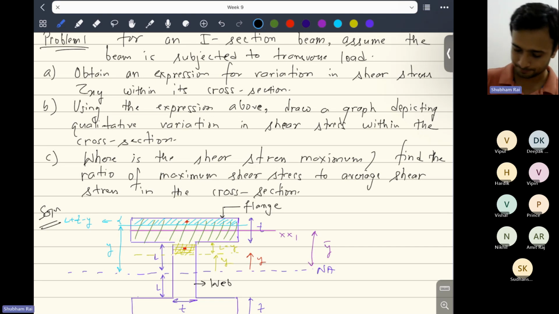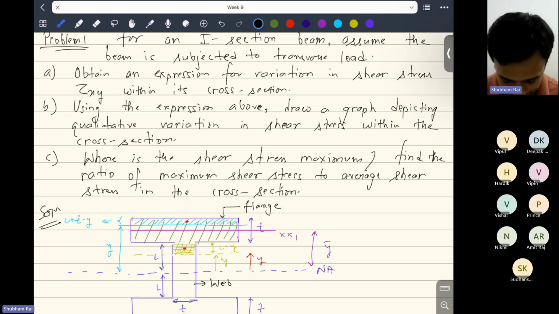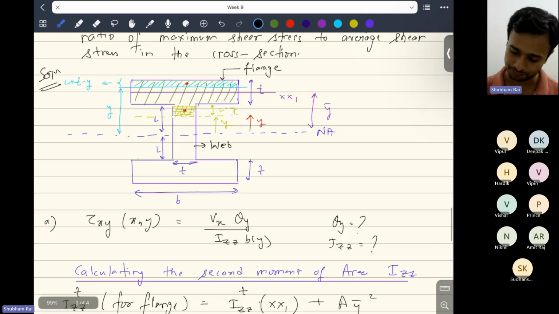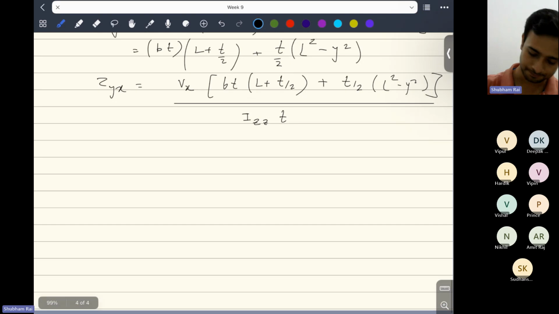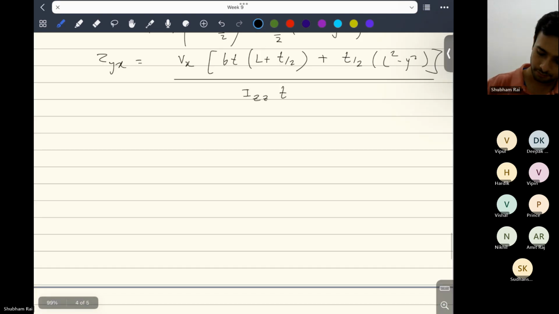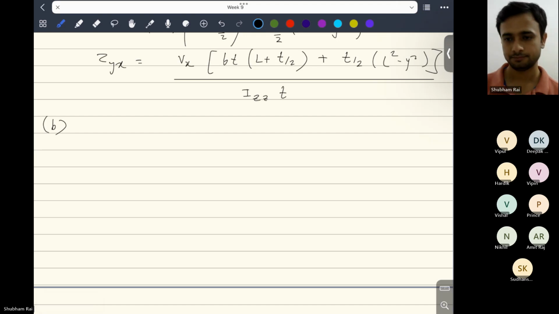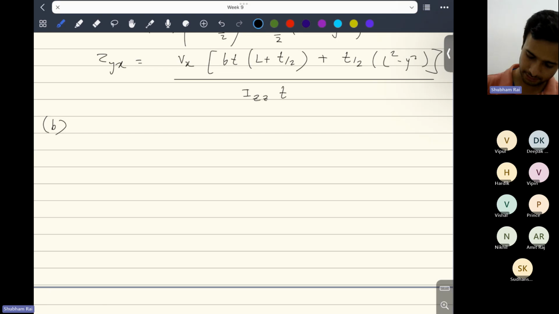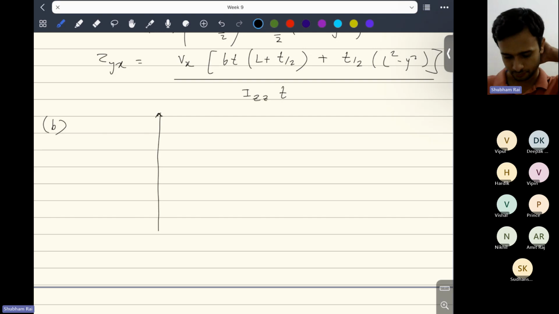Yes, so I hope you would have done something. So let me just draw the variation of tau yx. Let's say here I have the y axis, and here on the x axis I will plot tau xy, tau yx.